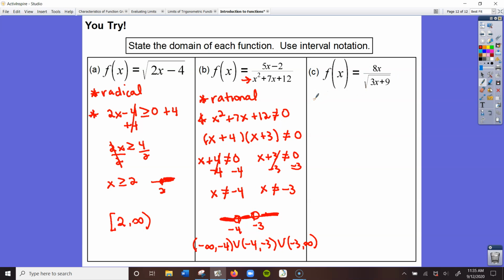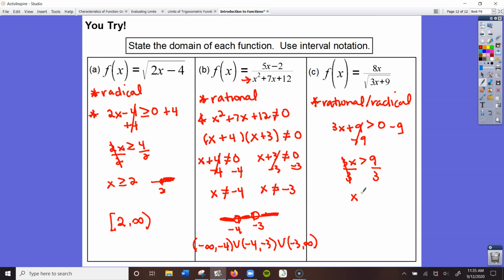For this last one, this is where we have that rational and radical combo. The radical is in the denominator, therefore that 3x plus 9 has to be greater than 0. And then we use this inequality to solve. So I would subtract the 9, and we get 3x is greater than 9, and then divide the 3.